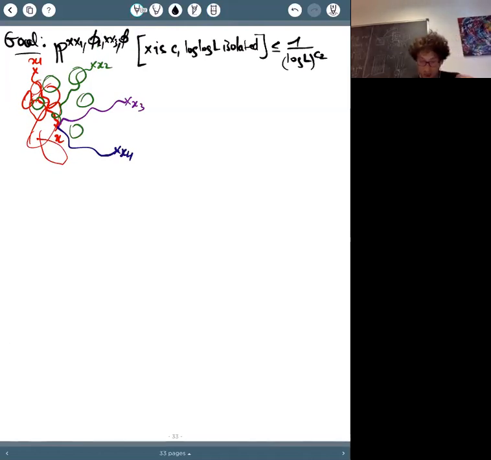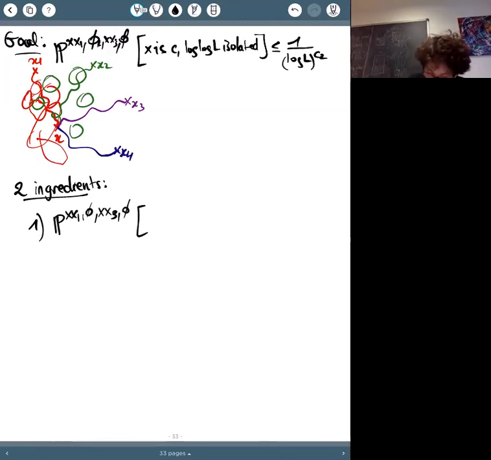Okay. So as I said, there are two ingredients in the proof. The first ingredient concerns the probability that the clusters of x1 and x3 intersect. Let's assume that x1 and x3 are at distance L over 2 of x.